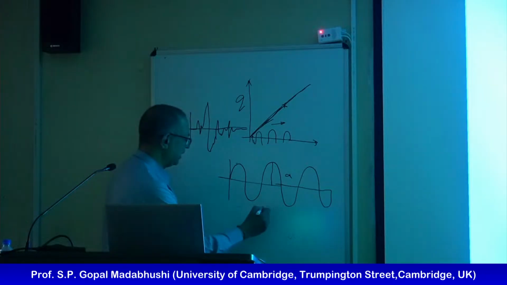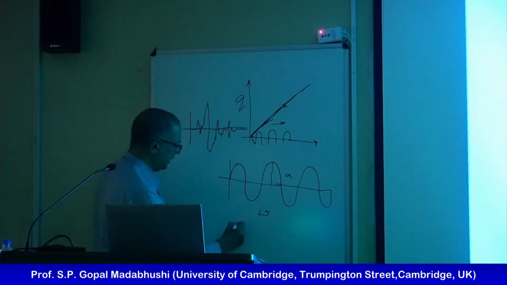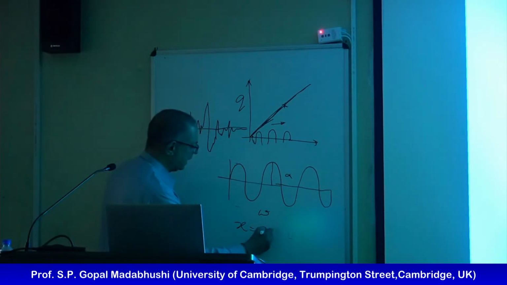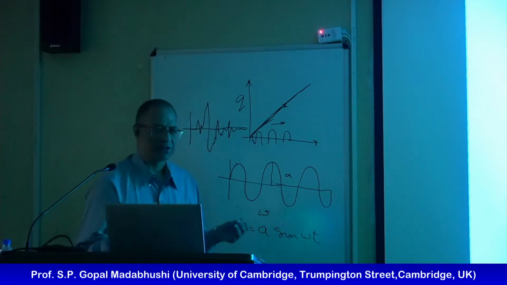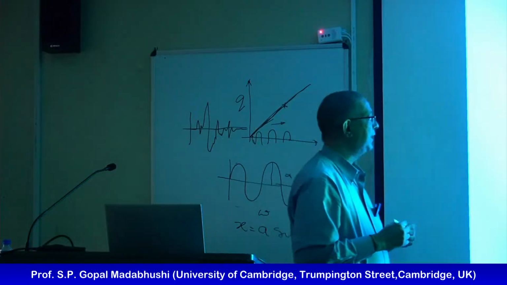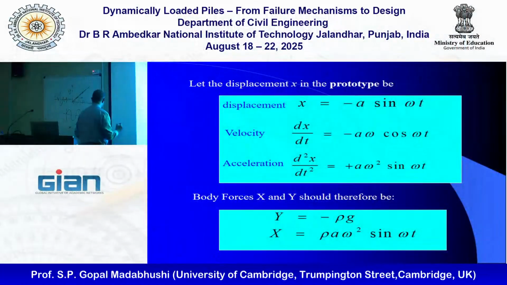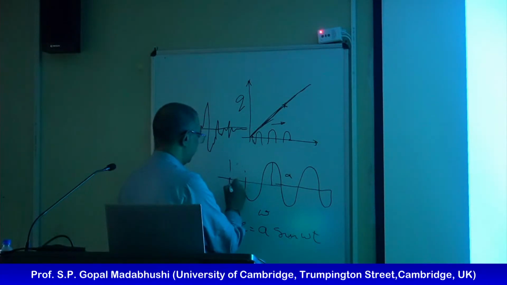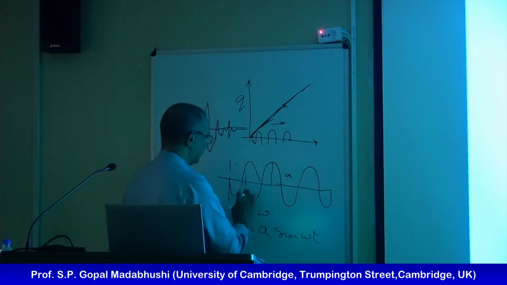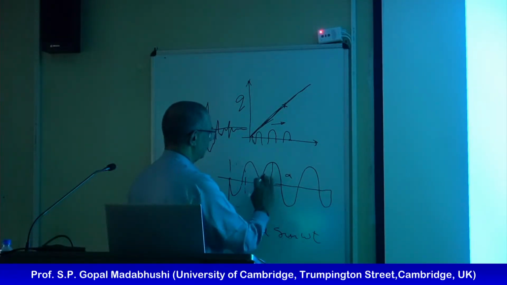So I can write my displacement as A sine omega t. It's just a harmonic motion, right? And I put a minus just to make my maths easy. In other words, I could start the other way, it doesn't really matter. It's still a sine wave.